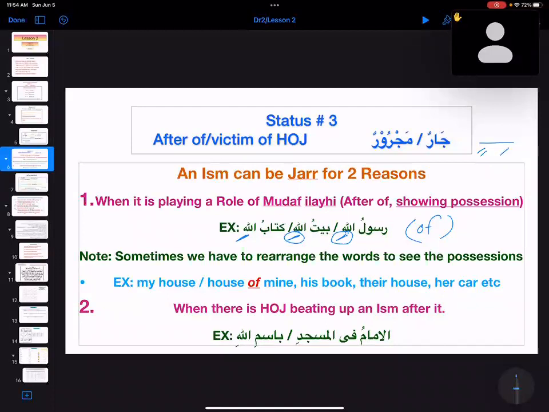So basically all these words, my, his, her, their, are pronouns, right? In Arabic we call them pronouns. They are going to show some kind of belonging. So that's why they are going to be jar in status.